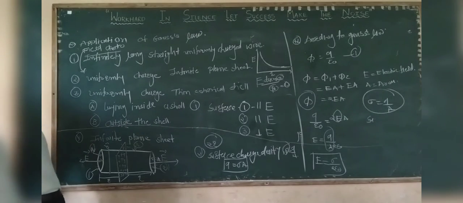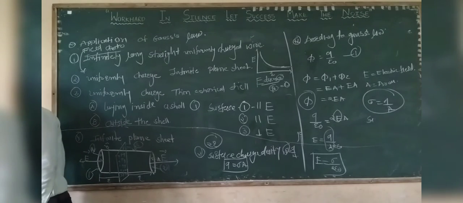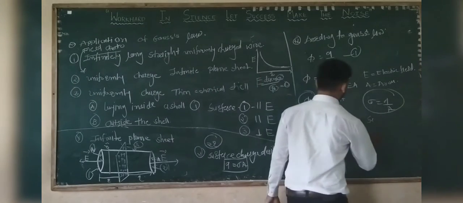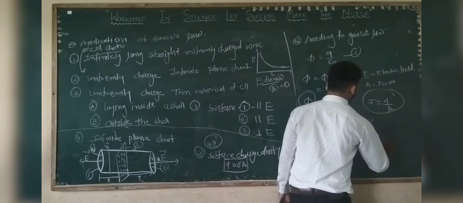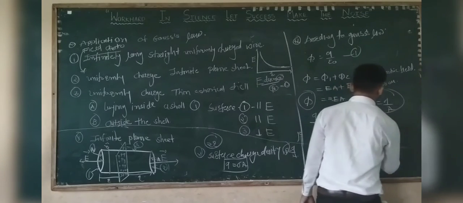So E is independent of R, the distance of the point from the plane sheet. Earlier we got E equals lambda upon 2 pi epsilon 0 into 1 by R for the line charge.